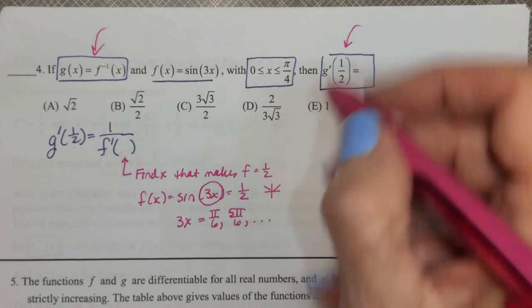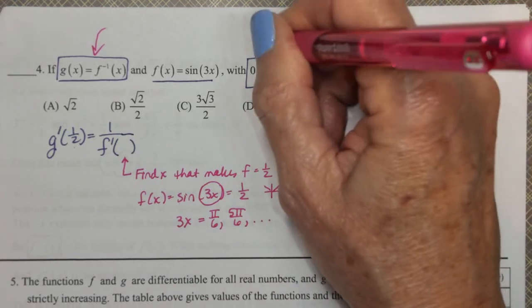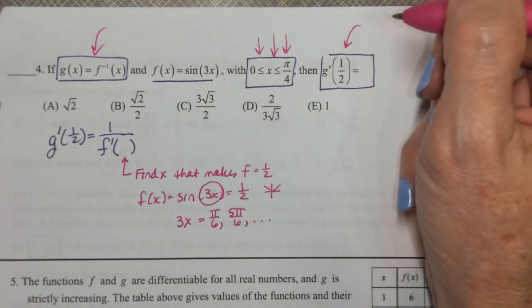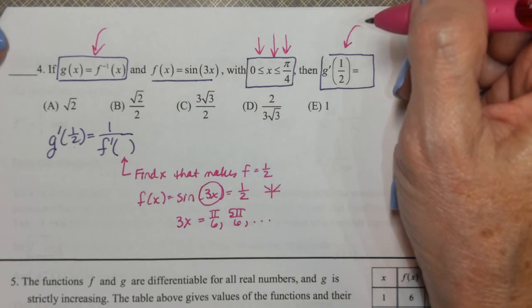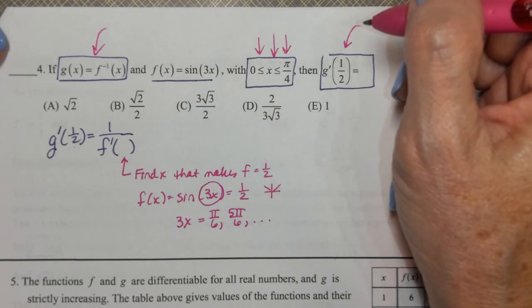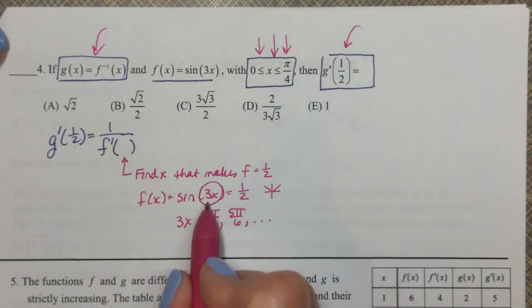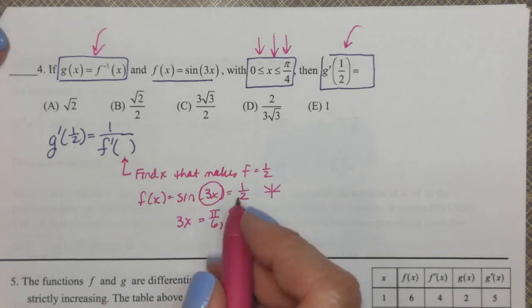But this is why they gave me this condition. This is going to allow G inverse to be a function, because we're only going to get one x value that makes sine of 3x equal to 1/2.